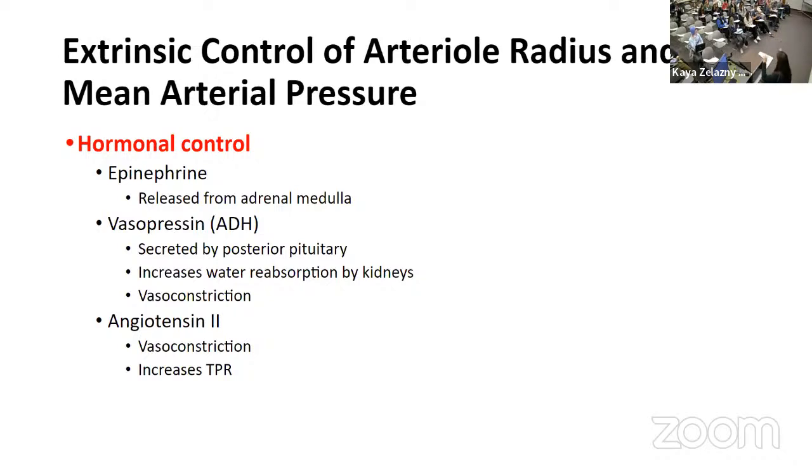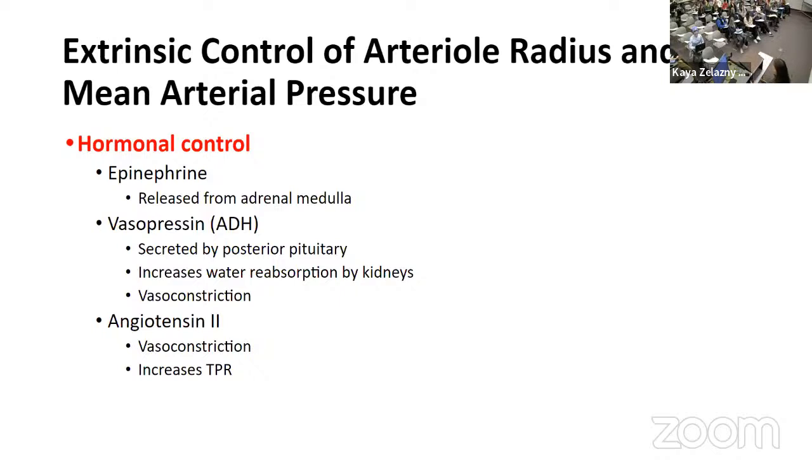So this is the other one, the posterior part of the pituitary. We'll talk about vasopressin more when we get to the kidneys. One of its main jobs is to increase water reabsorption by the kidneys. As it is doing this, it also has this kind of secondary effect of vasoconstriction, therefore decreasing radius and increasing resistance throughout our system. Okay.